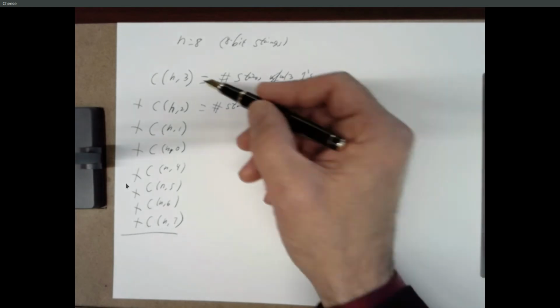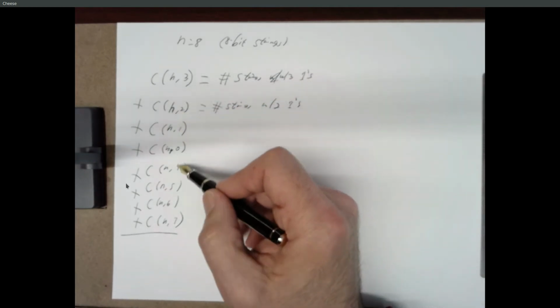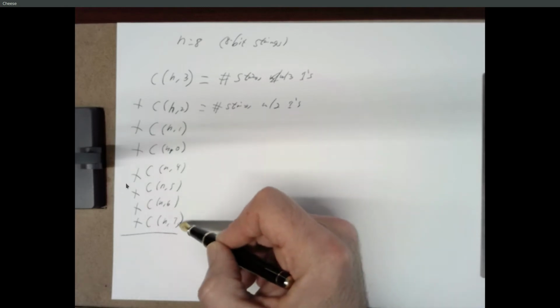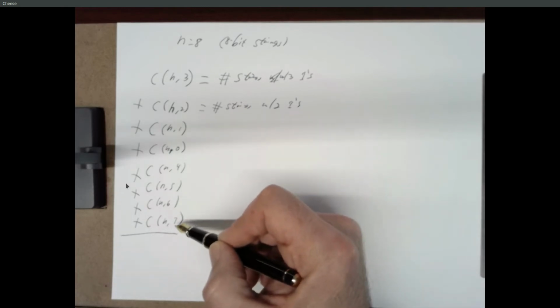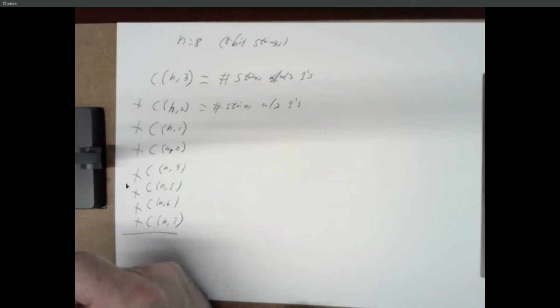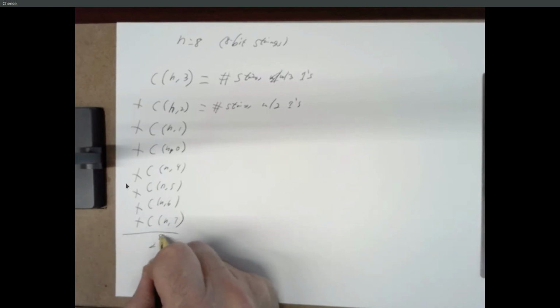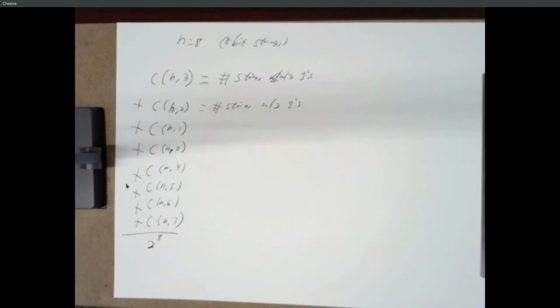This is the number of strings containing 3 1s. This is the number containing 2. This is the number containing 1, 0, 4, 5, 6, or 7 1s. Have I covered every possible 8-bit number? Because every 8-bit number has either 0, 1, 2, 3, 4, 5, 6, or 7 1s in it. So if I add up the number of these, I should get the number of 8-bit numbers, which is just 2 to the 8th, 256.